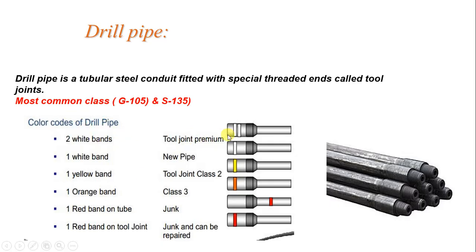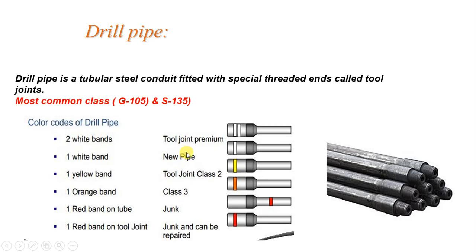So premium, you can apply 100% of its yield strength over it during the fishing job, for example. Okay, so this is premium.